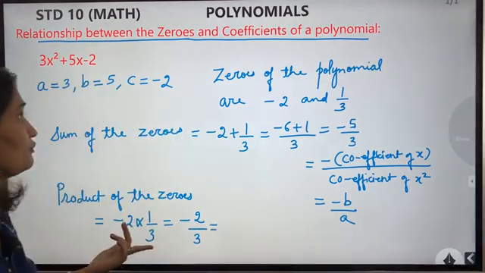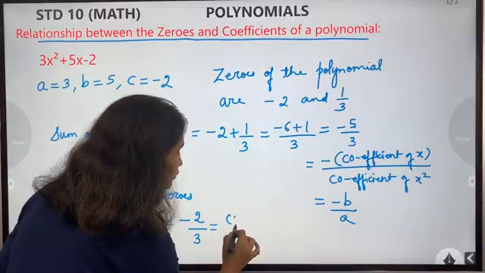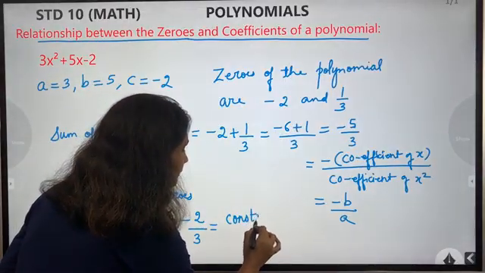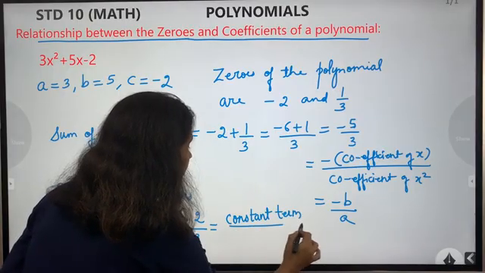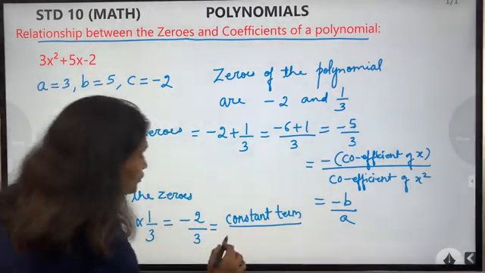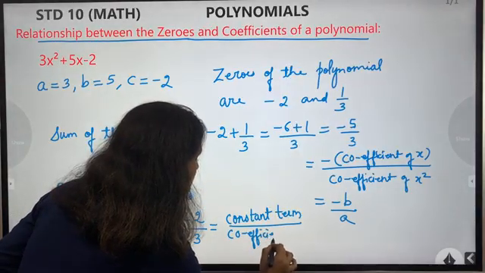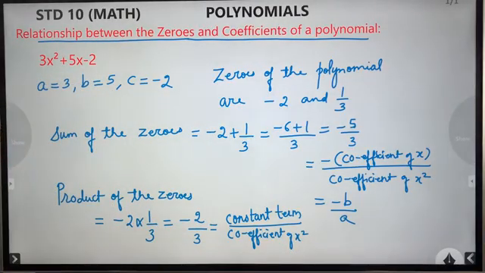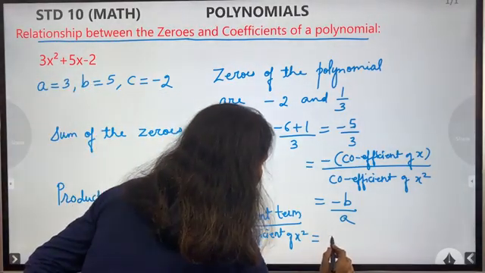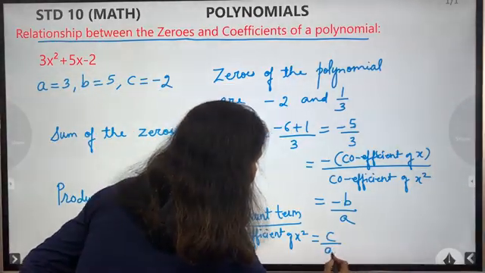Here there is no question of minus because already your constant is having a minus sign, is equal to constant term upon what, children? Upon 3 is the coefficient of x square. But children, what is that constant term called as? c. So I will write it as c. And what is coefficient of x square? A. So c upon a.